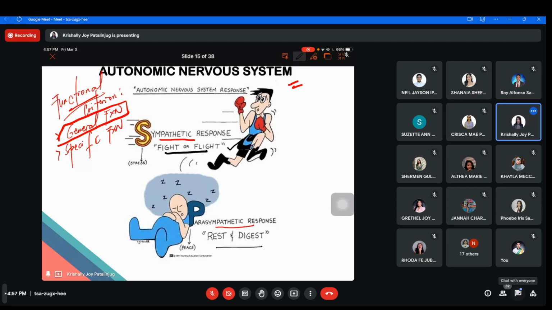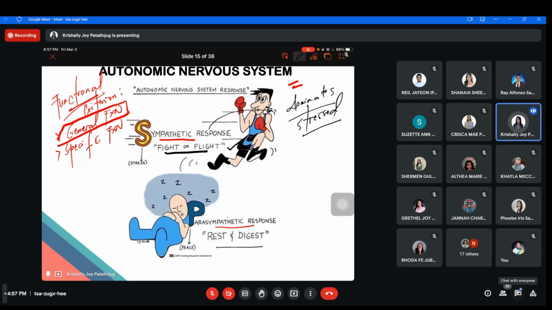Now, take note, ang sympathetic response dominates, sulat nyo, dominates whenever we are stressed. So during stressful situation, ito activated. Again, ang sympathetic response, it is the one that dominates whenever we are stressed.